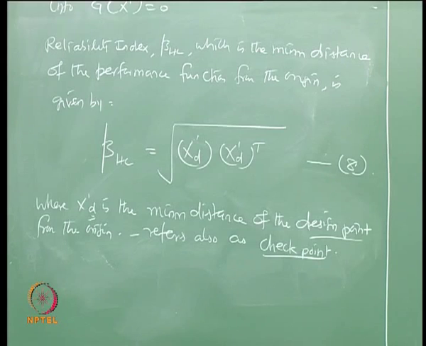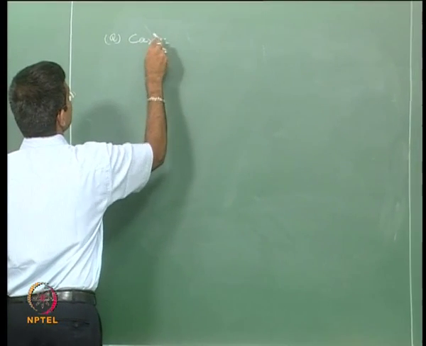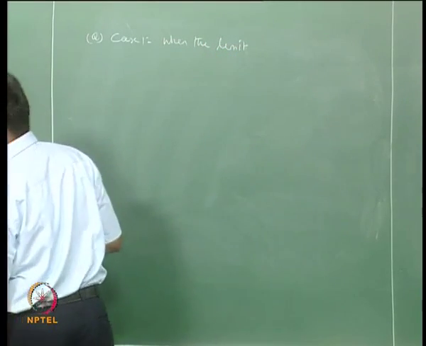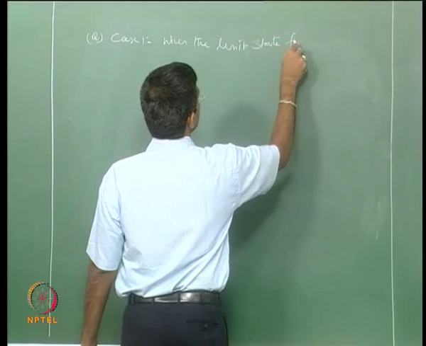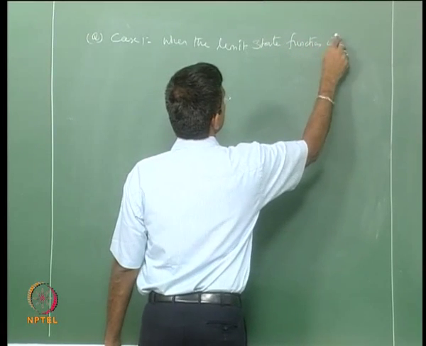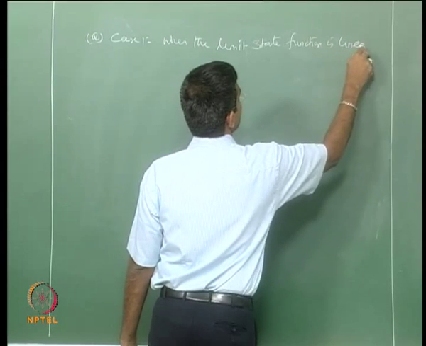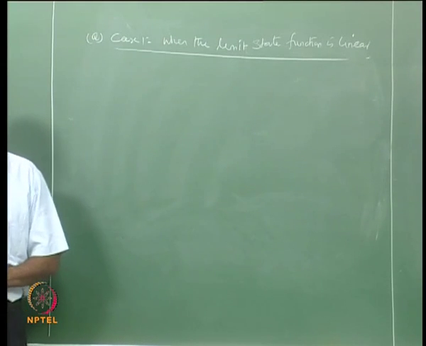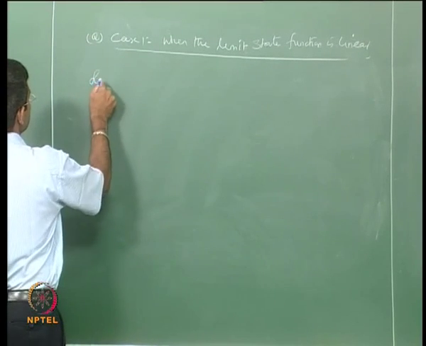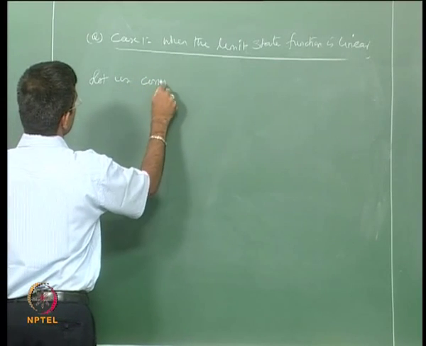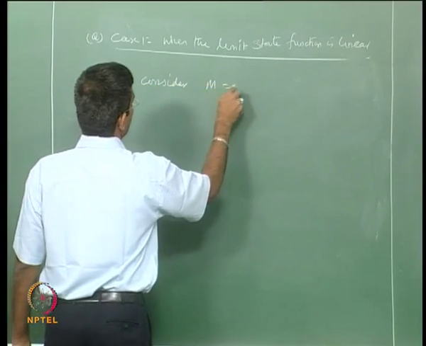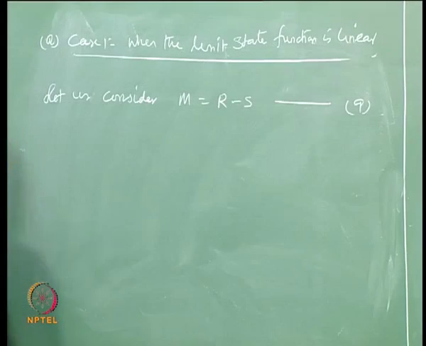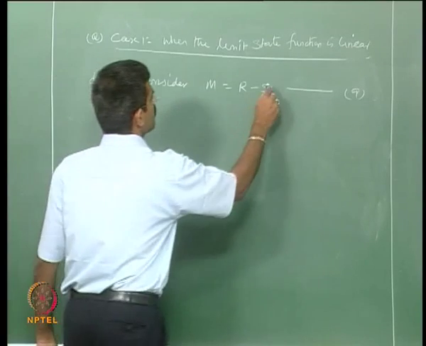Now, let us say two cases. Case 1, when the limit state function is linear. When the limit state function is linear, we will see how to handle this. So, let us consider m as r minus s, which is equal to 0.